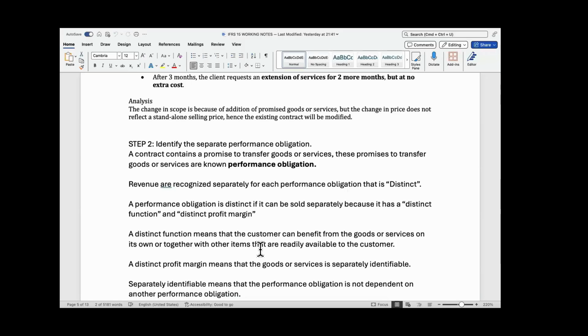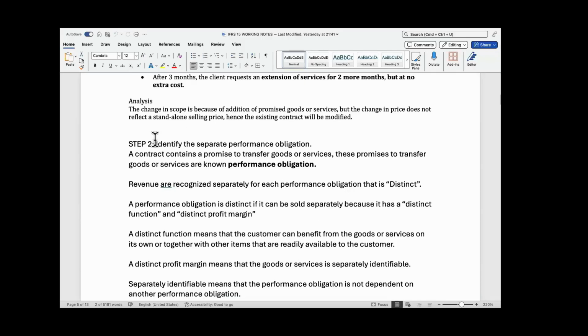It doesn't serve as an input for a combined output. It's on its own. So for each separately identifiable goods, that is performance obligations that are distinct, we recognize revenue for them separately.